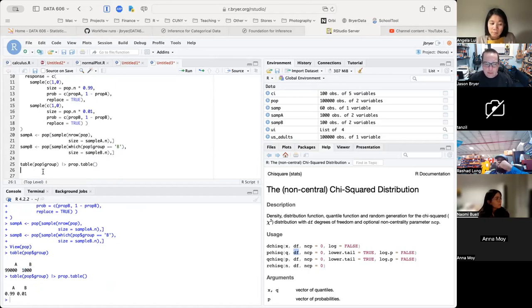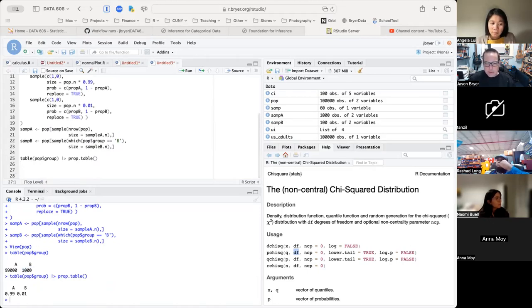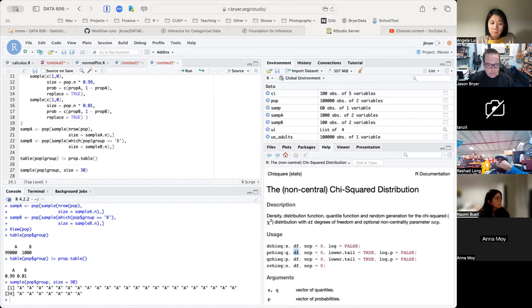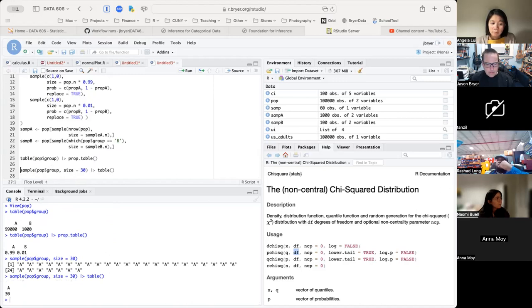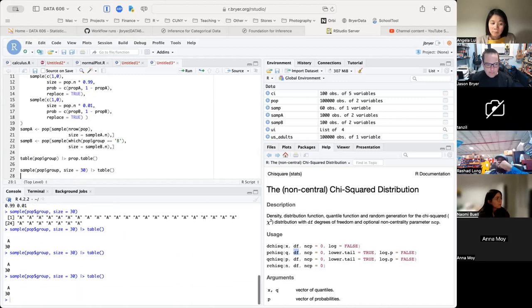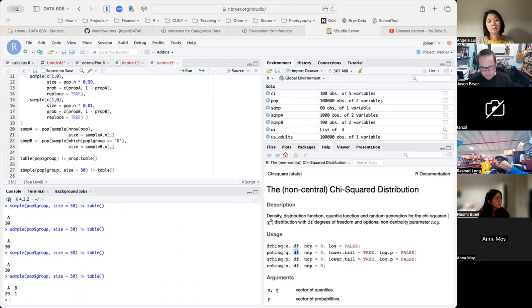right? And so sometimes when we do sampling, so if I sample from population group, and I'm going to say size, let's just do 30, and I'm going to pipe this to table. So when I do 30 and I'm sampling from, there we go.